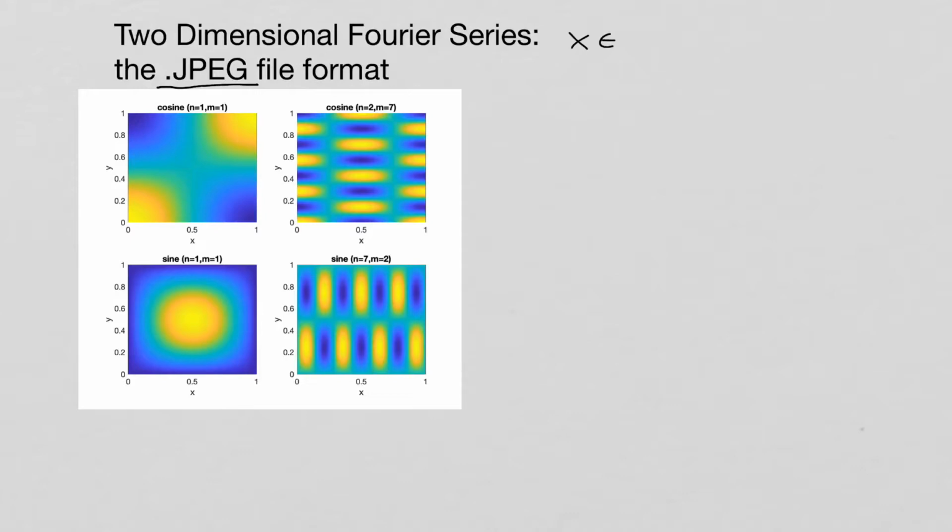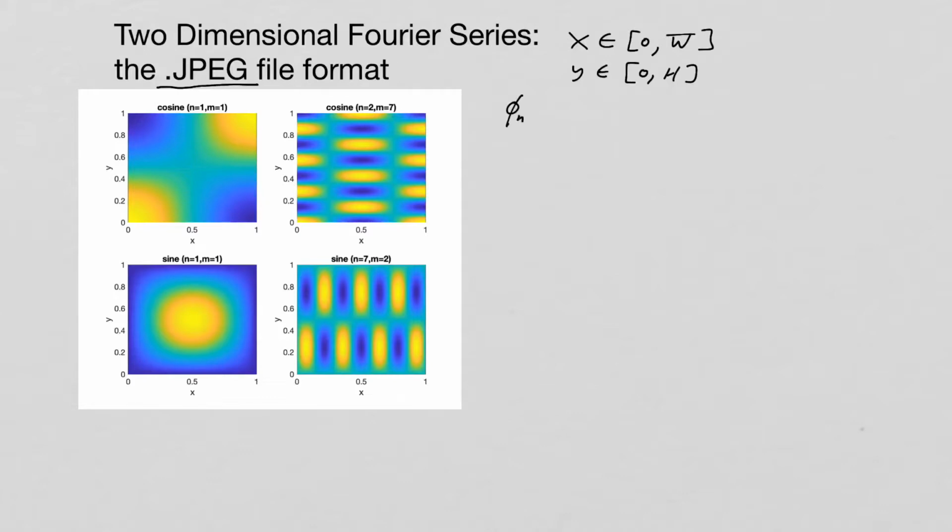Of course, we're going to have x on some interval 0 to w, that's a width, okay? And then we have y, that's going to be on a range from 0 up to some height, okay? And then what we have are these cosine and sine Fourier series modes.